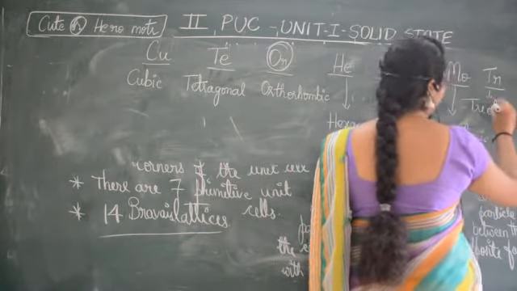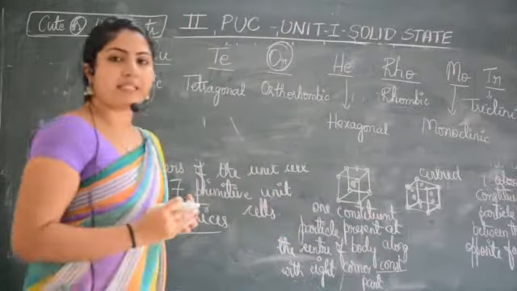It's easy. So these are the 7 primitive unit cells.